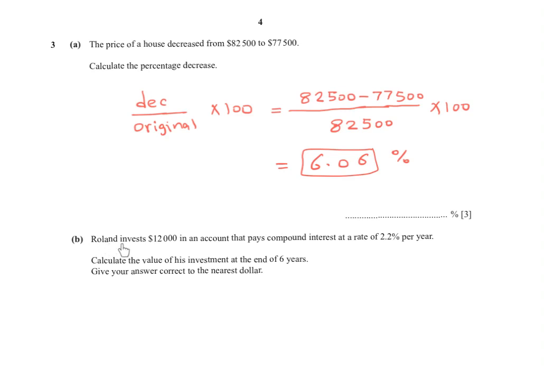B. Roland invests 12,000 in an account that pays compound interest at a rate of 2.2% per year.